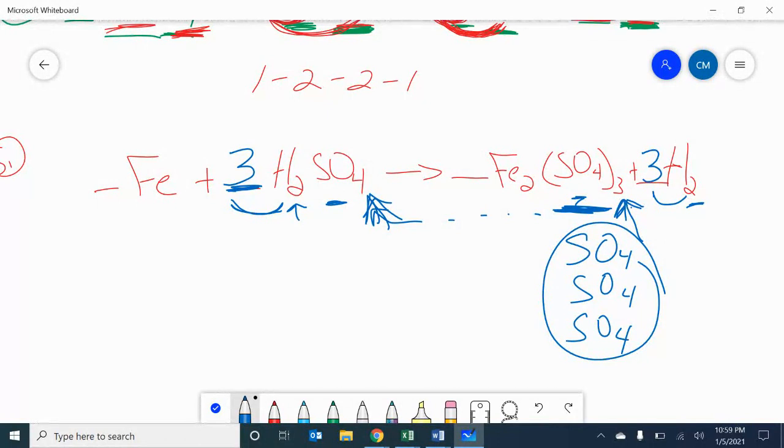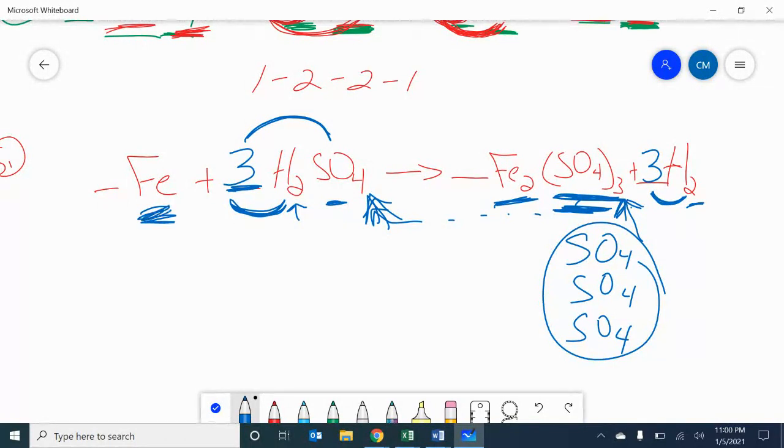All right. Now my chain reaction stopped for the moment. So let's just see if everybody's balanced. I've got 6 H's that I made here and 6 H's that I made there. Check. I've got my 3 SO4s. I made 3 SO4s, so they're balanced. I've got 2 irons, and over here I have 1 iron.